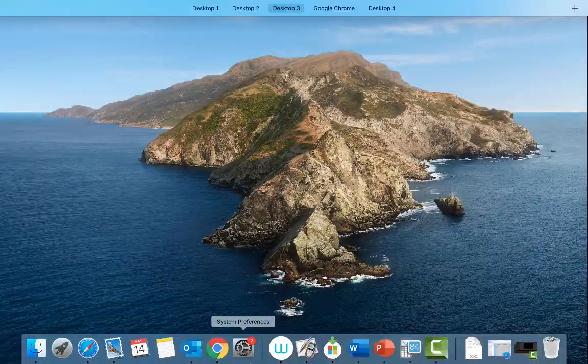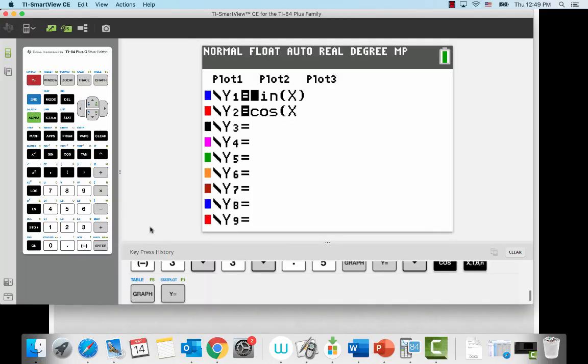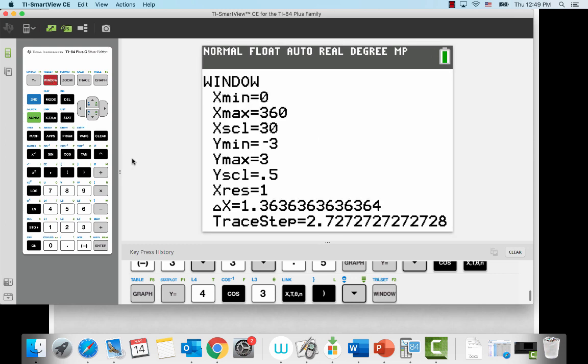Let's look at that on the calculator real quick, just to make some comparisons. So I got y equals, and I think I had 4 cosine, and then it was what was it? 3x. Okay. 4 cosine 3x. And let's compare that to the regular cosine x. But I need to think about my window a little bit, because my negative 4.